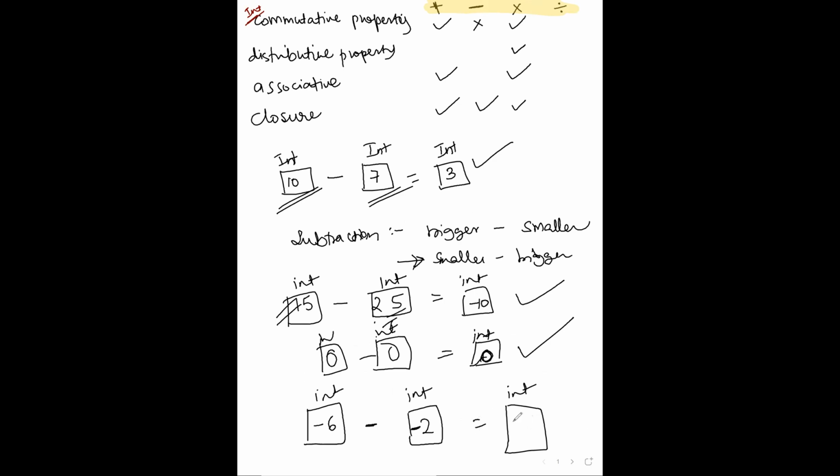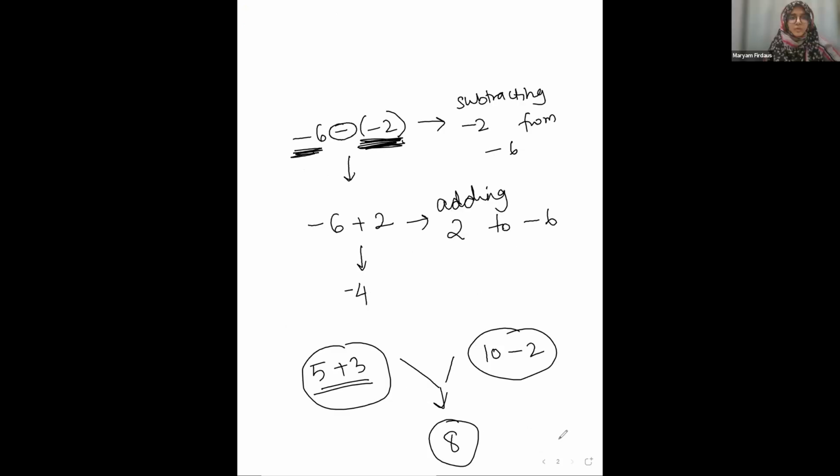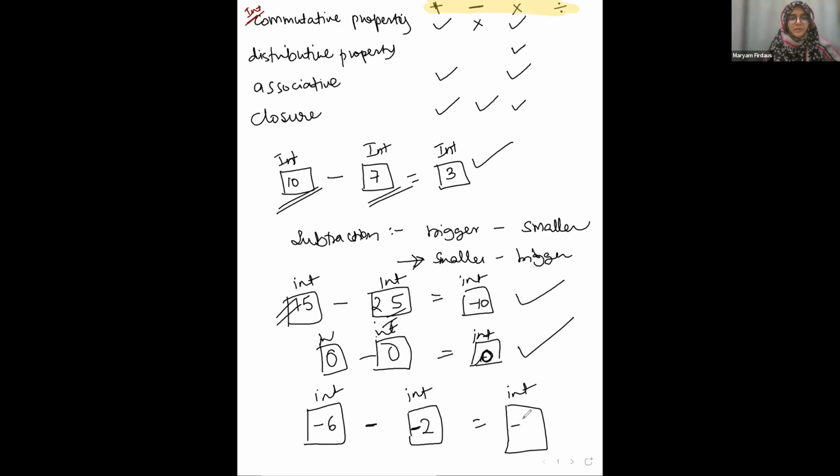Minus 4. Very good. And is that an integer? Yes. So we can see in all the cases it holds true. So can we say closure holds under subtraction? Yes.